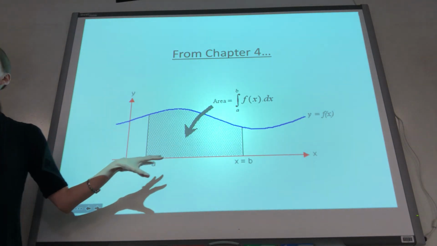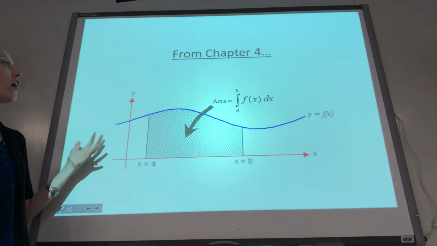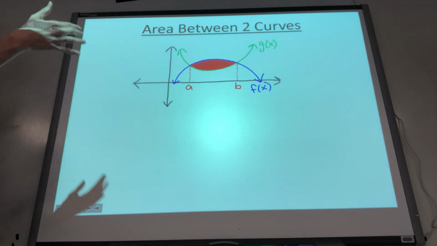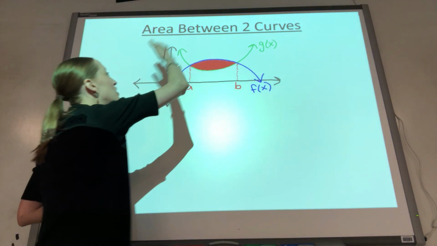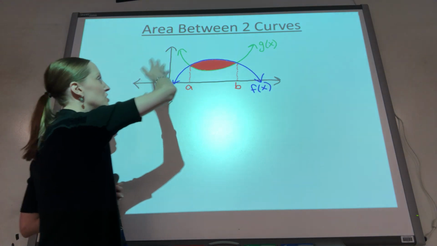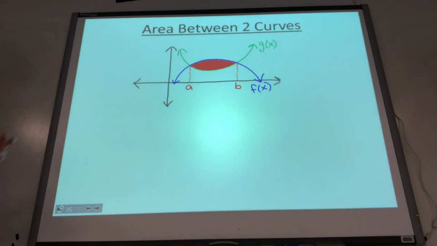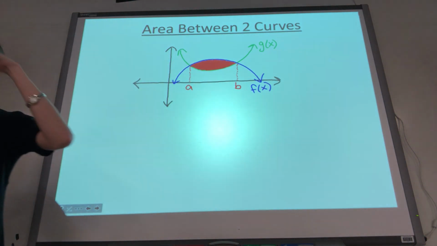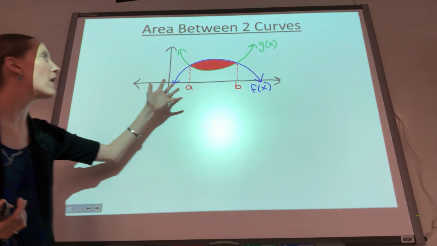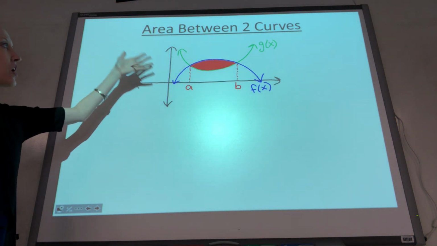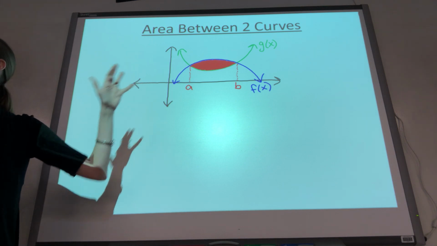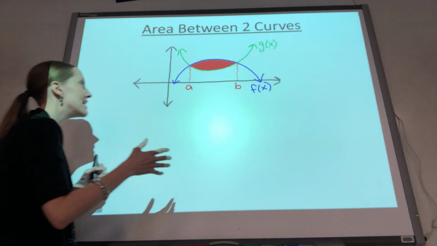So I couldn't really find a good picture of that off of the internet. So I just kind of sketched my own here. You will probably want to copy this down, and I realize you may not have all the different colors that I have up here, but that's okay. As long as you have everything labeled, it should be fine.